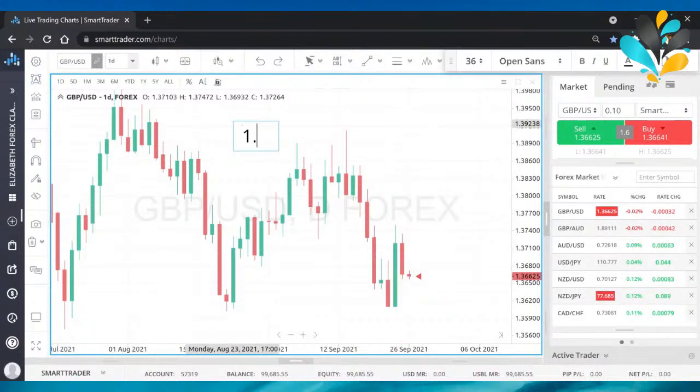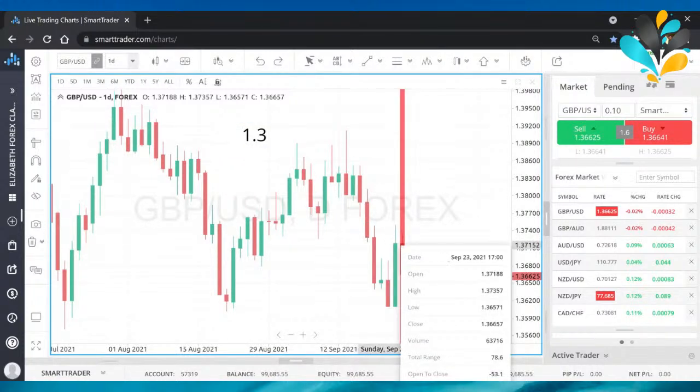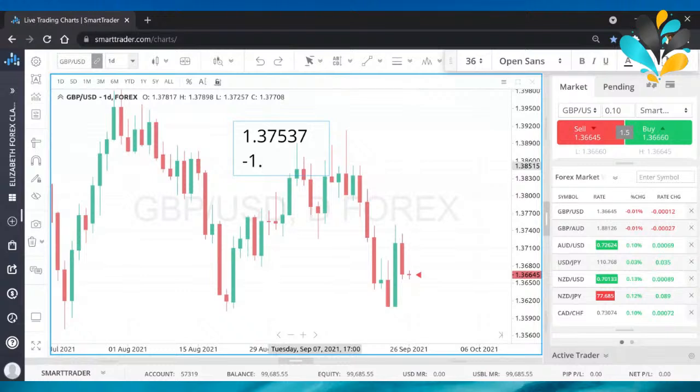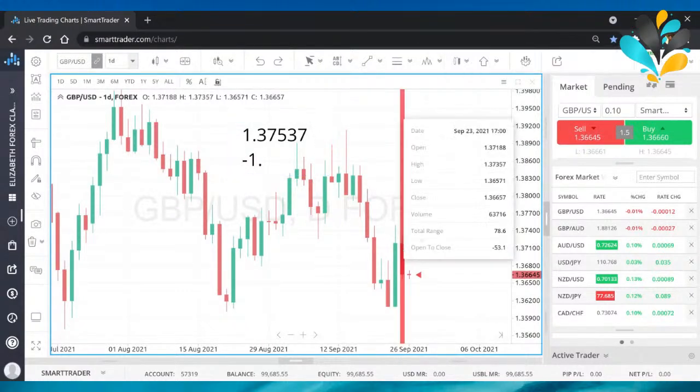The open is where the candle started, 1.37537. We're going to see how many pips the market moved on what would have been Friday.